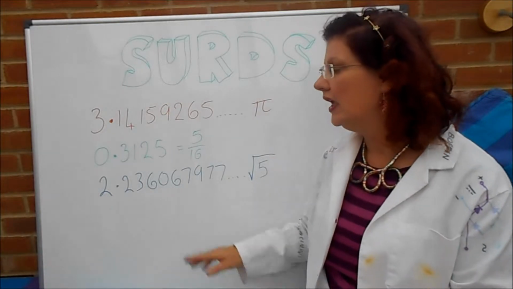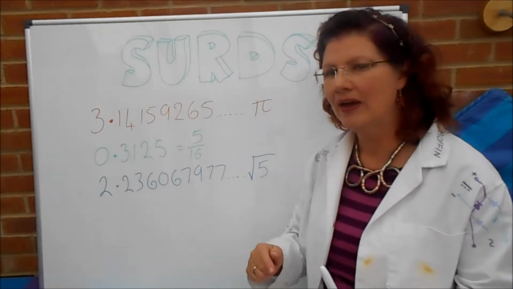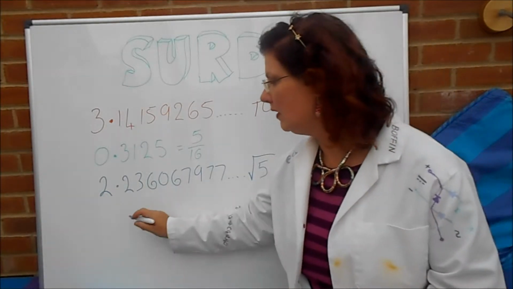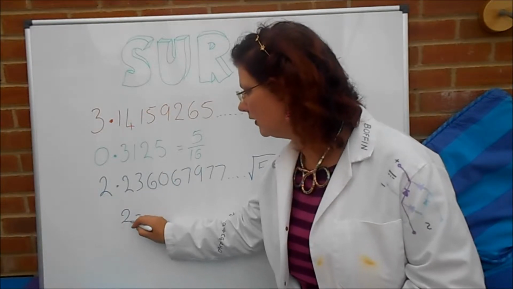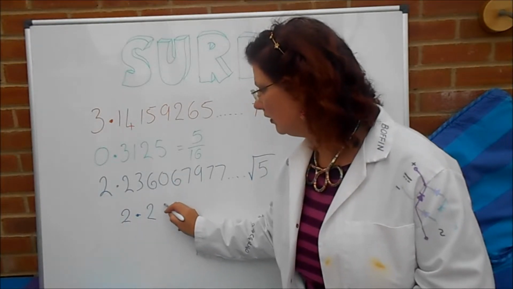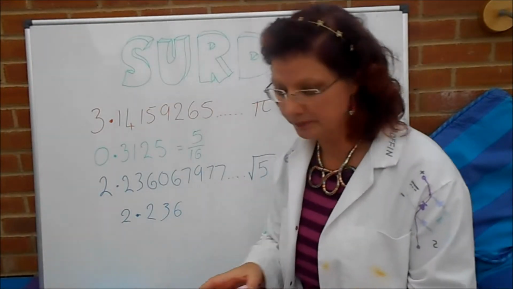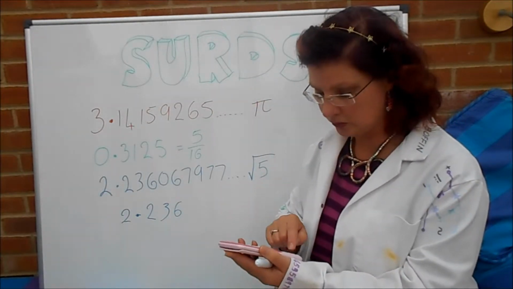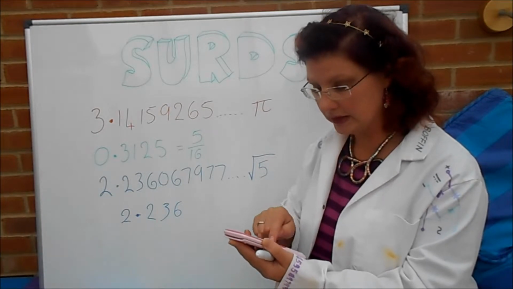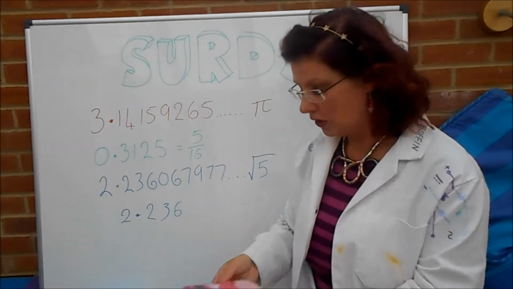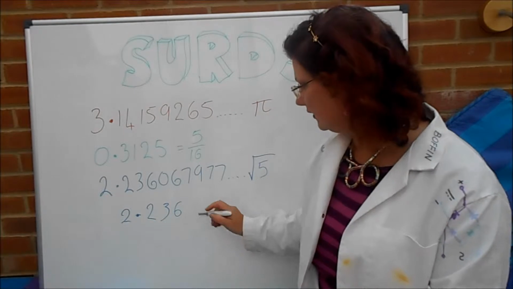And of course, if you approximate this and then square it, let's say we wrote that to 2.236, and then we square it, 2.236 squared gives you 4.99969.